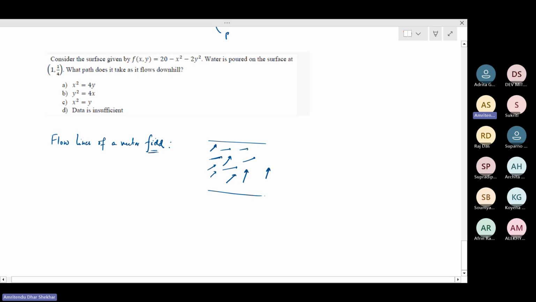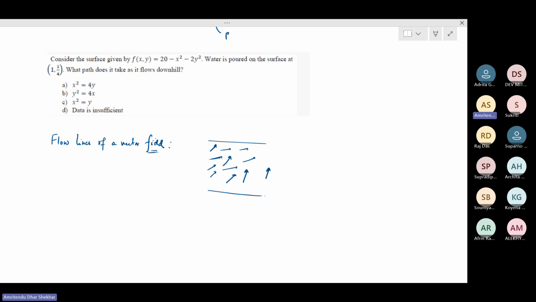Now the flow lines: if you start off from a particular point P, the vector field basically gives you a direction, right? At each point you have a vector. So you can follow the vector at that particular point and move along that field.